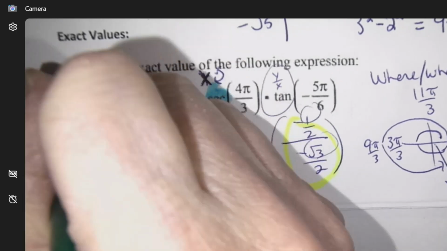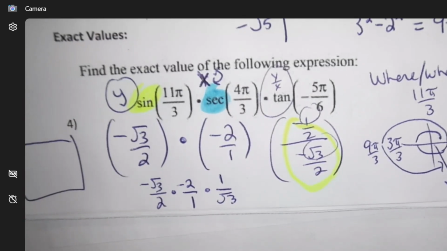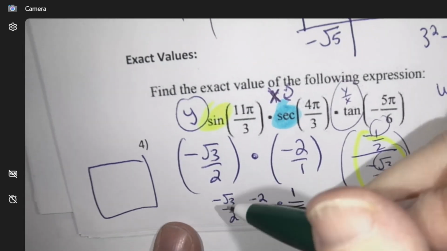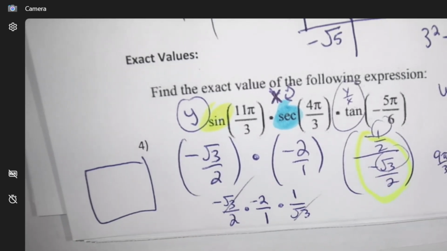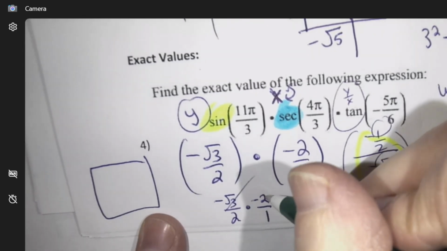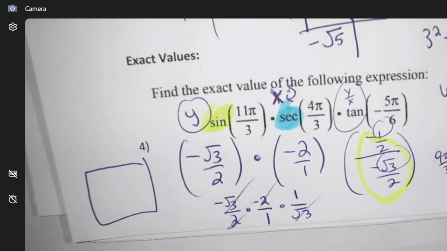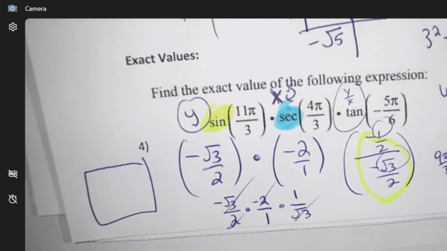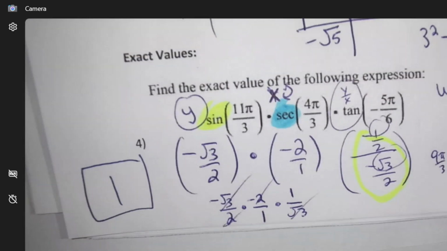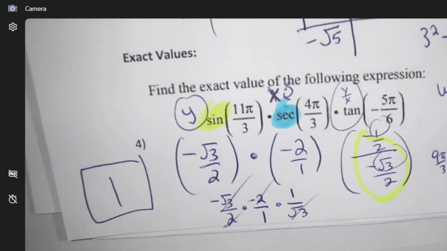Okay, final answer. What kind of value is it, positive or negative as a final? Positive. And can we cross off root 3, root 3? Can I cross off a 2 and a 2? Okay. Actually, everything crossed out. Equals 1. Positive 1.